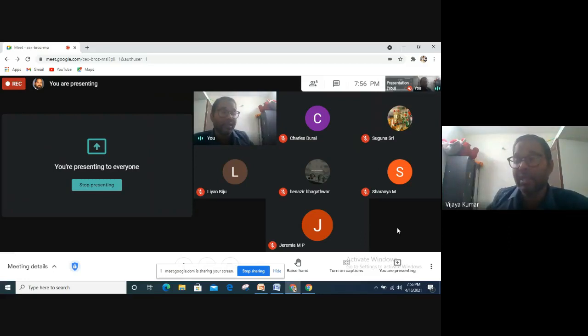another method in experimental research called the Solomon four group design. As a researcher, if you are going to work on an experimental design, you should know which study will be suitable for you. Will a true experimental design be suitable, or a quasi experimental design, or a Solomon four group design?